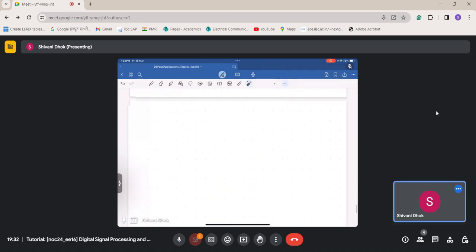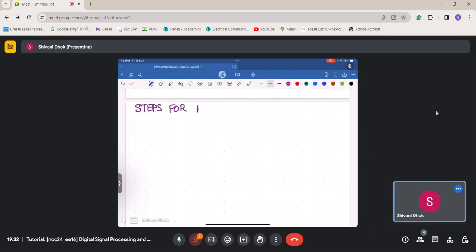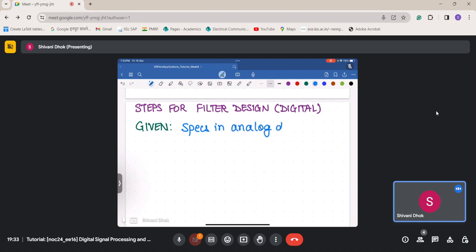So, steps for filter design, specifically digital filter design. What is given to us? We have specs in the analog domain.